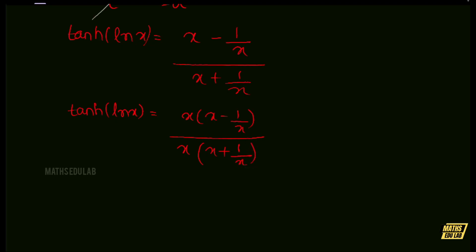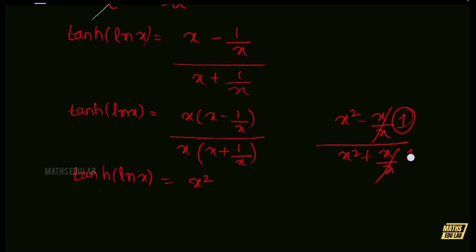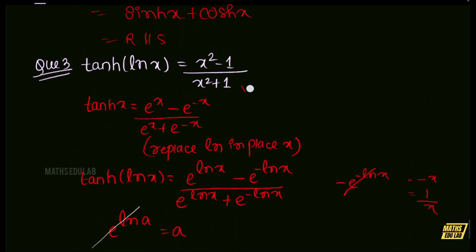And then on multiplying, we get tan hyperbolic ln x is equals to x square minus x upon x divided by x square plus x by x. So x will get cancelled out and remain as 1. So x square minus 1 upon x square plus 1. So if you see here, we got the answer.